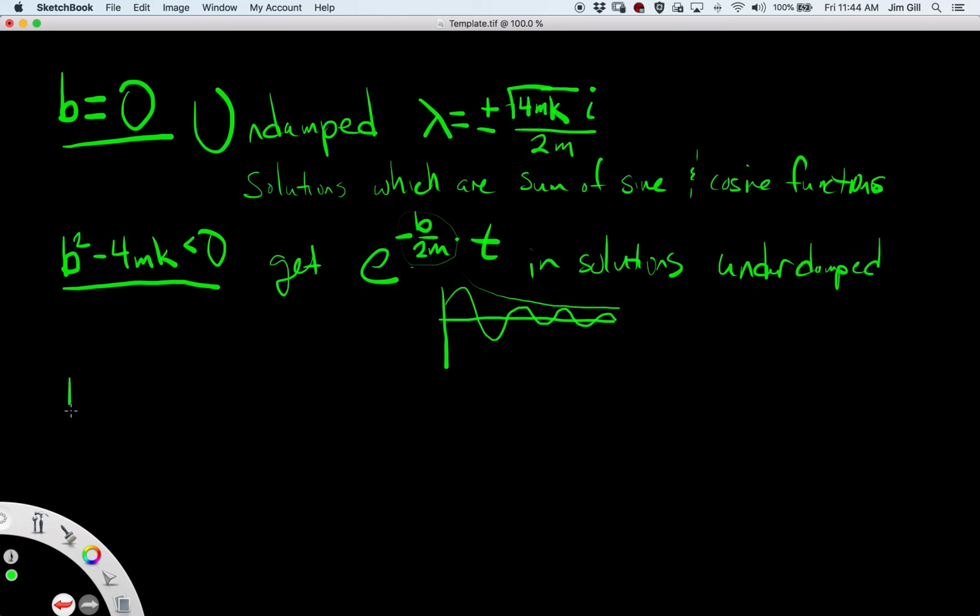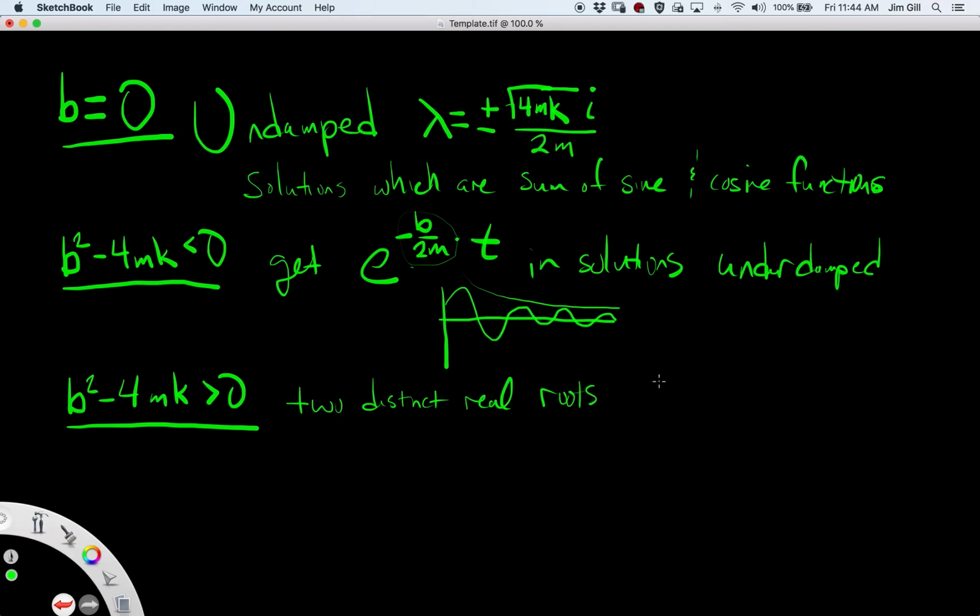Now let's talk about what we have with b squared minus 4mk being positive. Here we get two distinct real roots. And this is called overdamped.